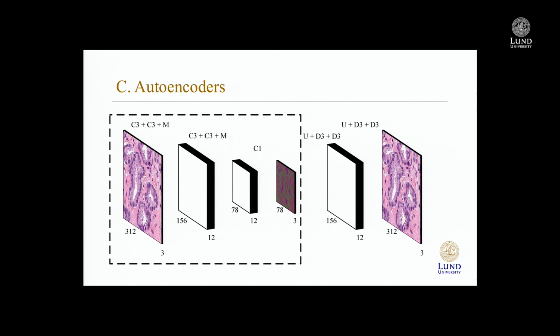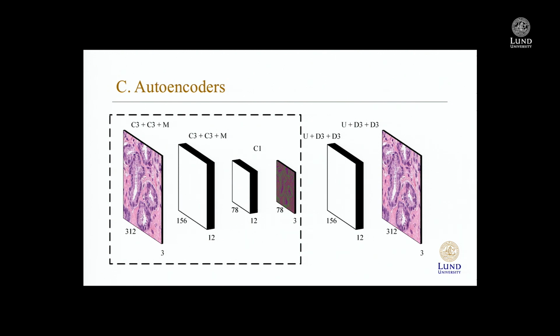And a third attempt we've tried is to use so-called autoencoders. In autoencoders, the game is that you have the same architecture as for this semantic segmentation. You have the original data, you do some deep learning processing to get some sort of lower dimensional coarser data, and then you upsample it, and you train the whole network so that the output should be identical to the input.